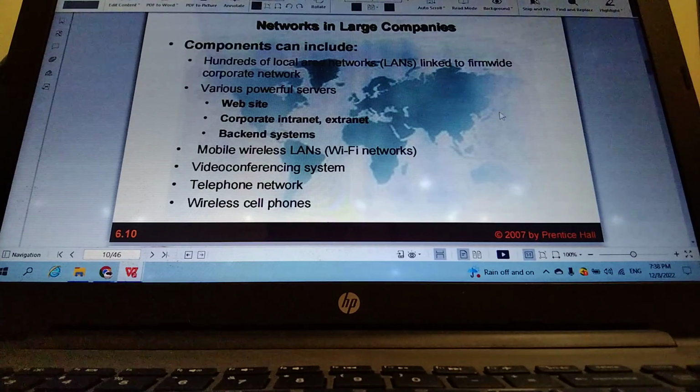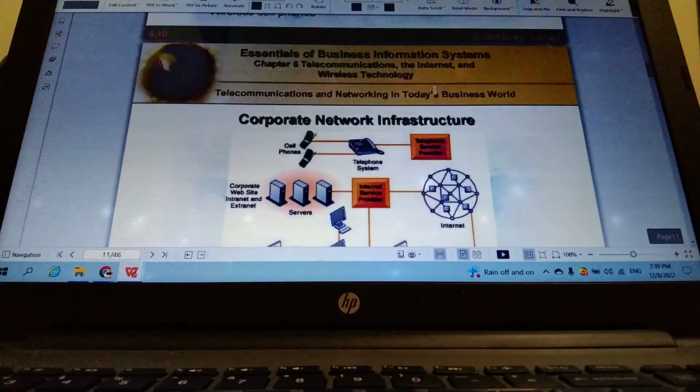Normally they are supported by very powerful servers, powerful websites, corporate intranet and extranet, high-end back-end systems, mobile wireless networks, Wi-Fi networks, multiple Wi-Fi networks, maybe supported by video conferencing systems, telephone networks, wireless cell phones, and so on. So there are many hardware and software involved in a large or huge local area network, or in a large company where they have a network.